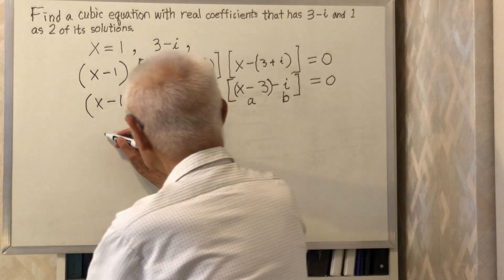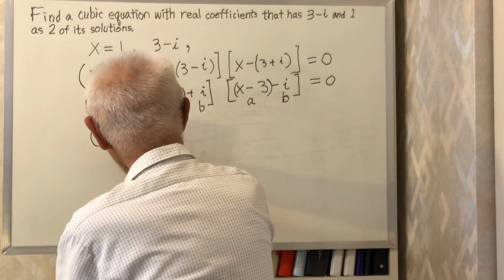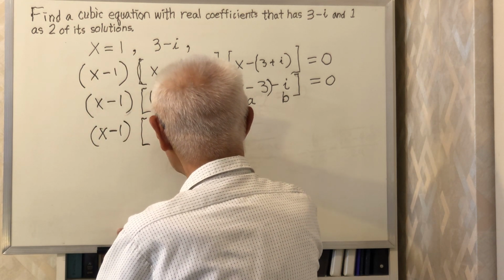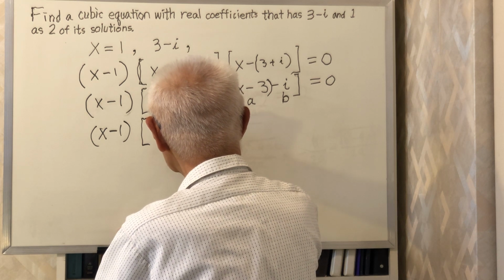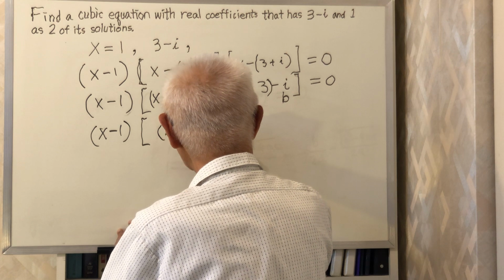So my next line is x minus 1, and then I have A squared minus B squared.